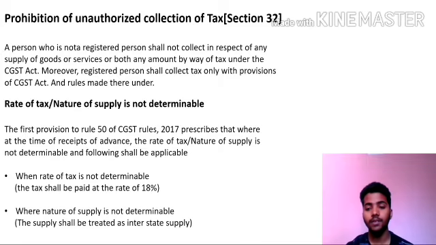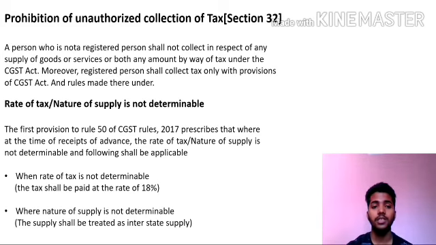And after that I discussed the details that should be mentioned in the debit note and credit note under the GST, and then the proforma and format of debit note and credit note. Now I am going to discuss the prohibition of unauthorized collection of tax under section 32.